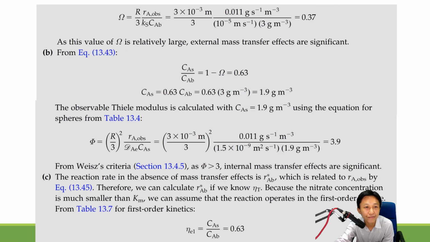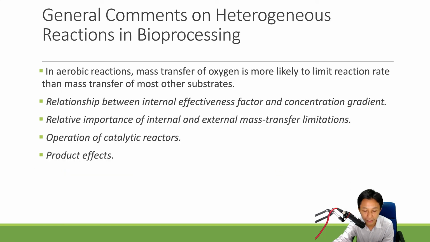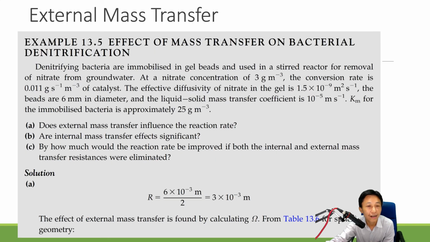We have to move to the final example, number 5, bacterial disinfection. Denitrifying bacteria are immobilized, again immobilized, and used in a CSTR stirred tank reactor for removal of nitrate from groundwater.